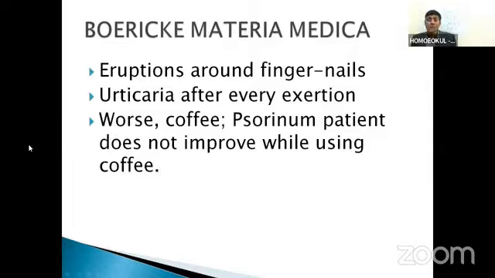Okay, so in Ignatia, you will get constipation of habitual coffee drinker. You will also get aggravation from coffee in chamomilla, also in Nux vomica. Okay, in Nux vomica in Boericke, you will get dyspepsia from coffee. It is very important for MCQ. Dyspepsia from coffee, Nux vomica from Boericke.